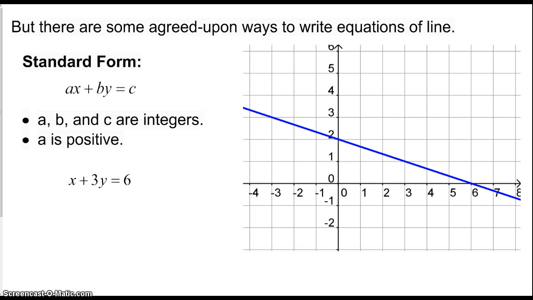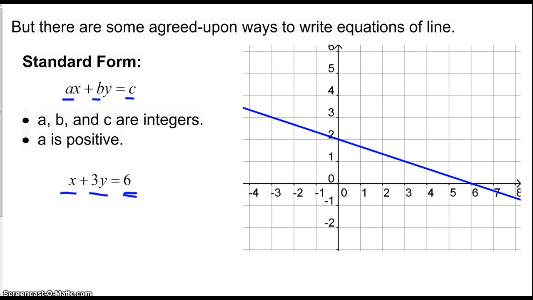Okay, standard form is like this example down here, x plus 3y equals 6, right? For an equation to be in standard form, you have to have a term for x's and a term for y's on the left-hand side, and then a term for numbers on the right-hand side. All of the multipliers, the thing multiplying the x, the thing multiplying the y, and the number by itself, must be integers, right? So a, b, and c are just placeholders for any integers.